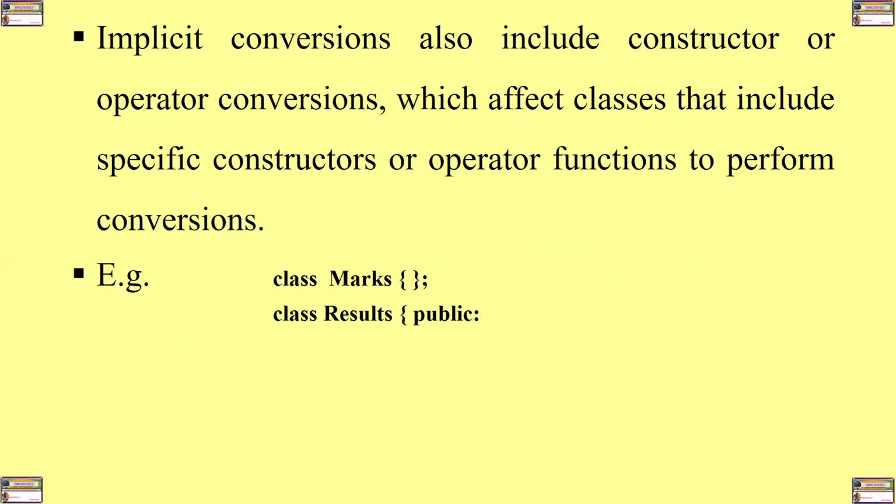And inside it, we have a member with a public scope by the name results. This method called results is what we are calling a constructor function. Why? Because the name of this function, results, is similar to the name of the class in which the results function is a member.